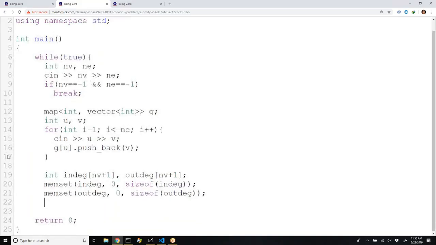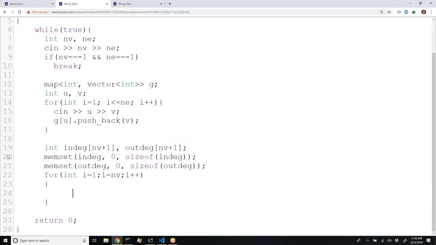So now, if you want to calculate, we can say for every vertex I less than equal to NV, I plus plus, what will be out degree of any vertex? Out degree of I is equal to size of the adjacency list. How do I get that size?